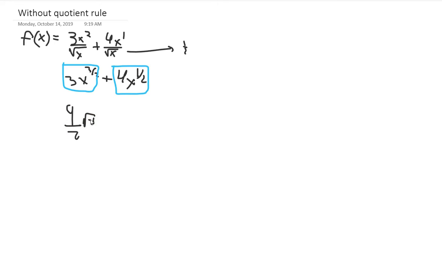Because we'll get left with x to the 1/2. We just convert that into square root. Plus 4 times 1/2, that's going to be 2. And then you're left with an x to the negative 1/2, or square root in the denominator. And so this is our answer here. This is what we found.